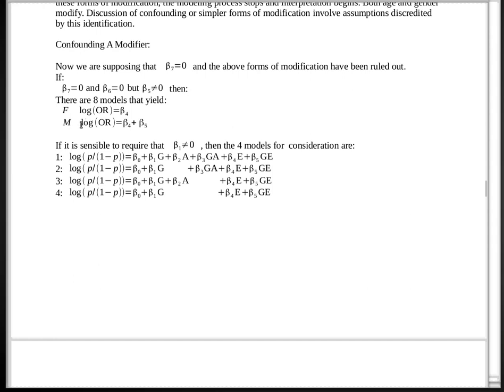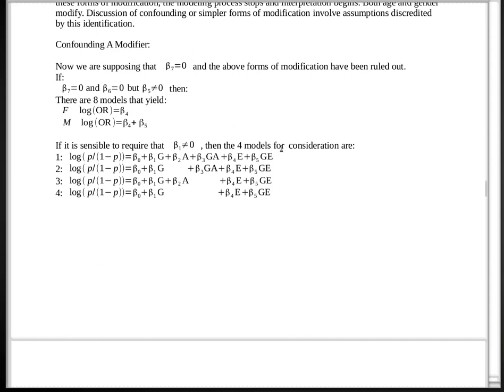Gender modification would be present if this odds ratio, this log odds ratio, is different from this one. That's saying that the odds ratio is different from the men and the women, and that would be an indication of gender modification. Right. So in this instance, we might be considering model 1 here.